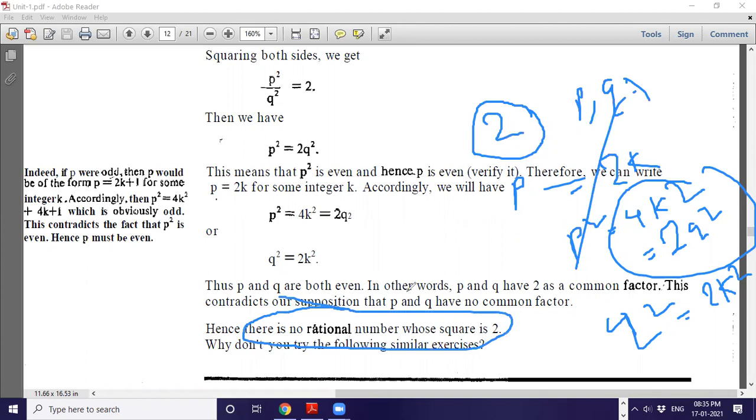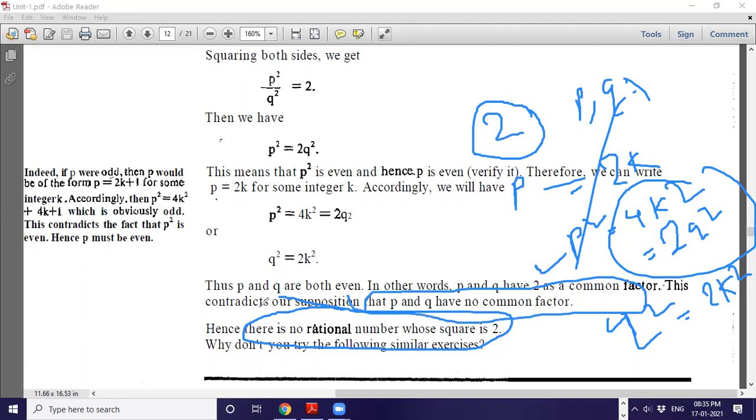First we assumed that there is a rational number whose square is 2, but later we saw that p and q have 2 as a common factor, whereas we had assumed that p and q have no common factor other than 1. So what we assumed is wrong. That means we contradicted our own assumption.